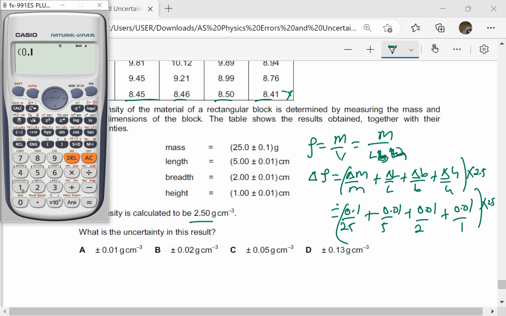So we have 0.1 divided by 25 plus 0.01 divided by 5 plus 0.01 divided by 2 plus 0.01 divided by, of course, that is 1, times 2.5, which gives us 0.05.